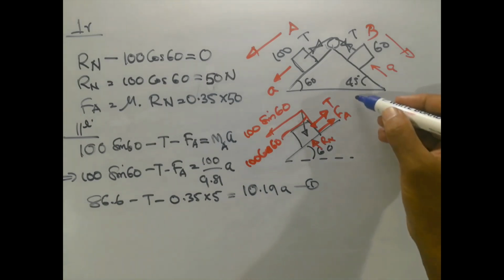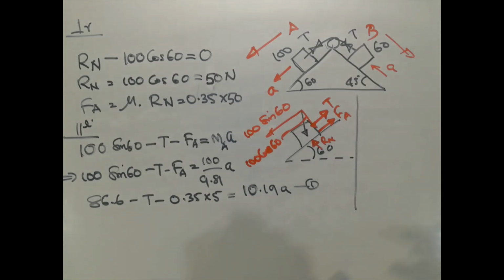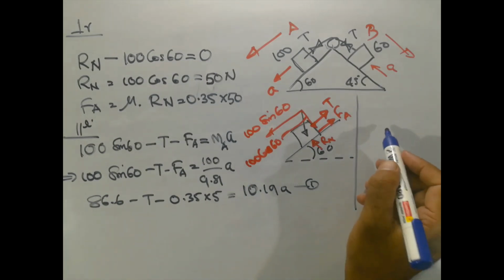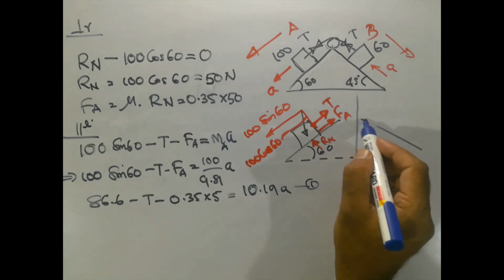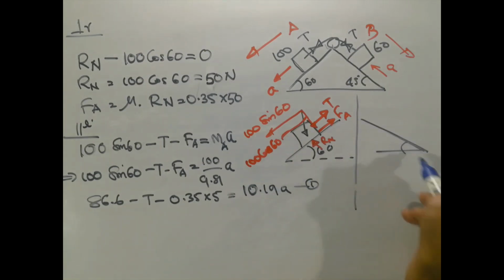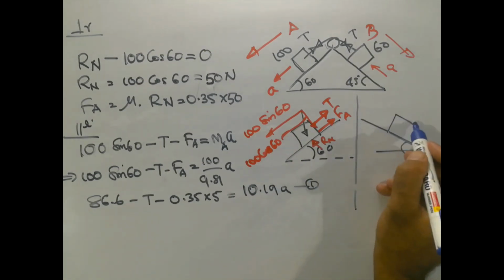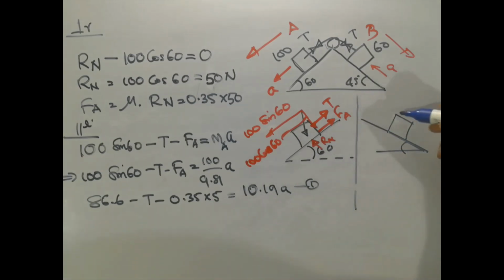Now let us consider block B. How will block B be? It will be on the other incline at 45 degrees. This will be the block, and its weight will be acting vertically downwards, and its components will be parallel to the plane and perpendicular to the plane.